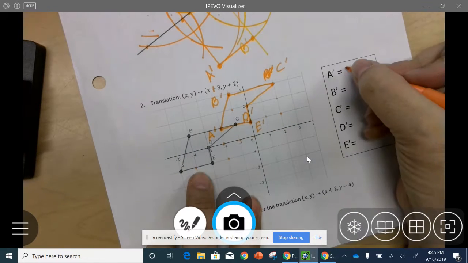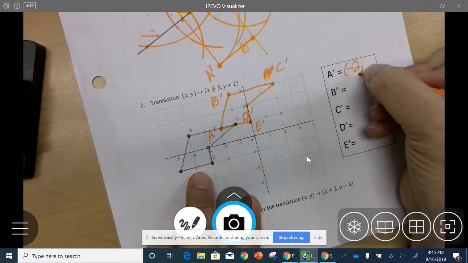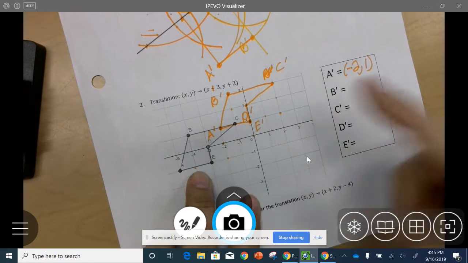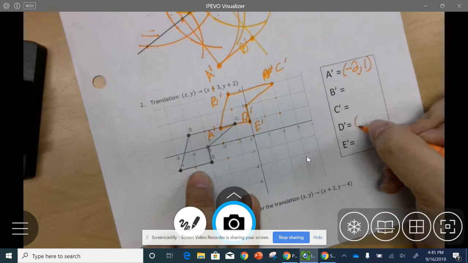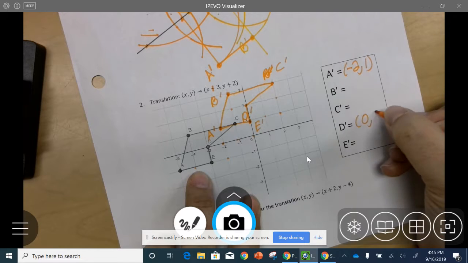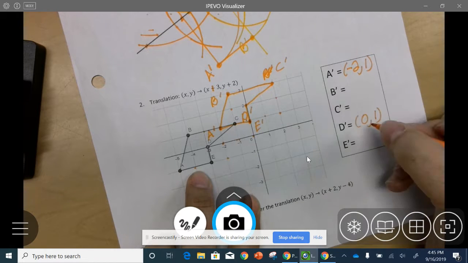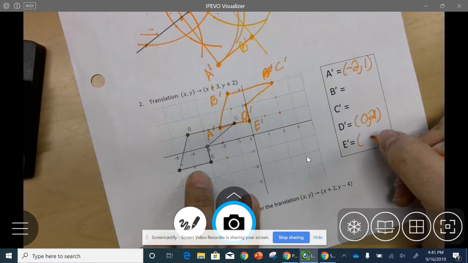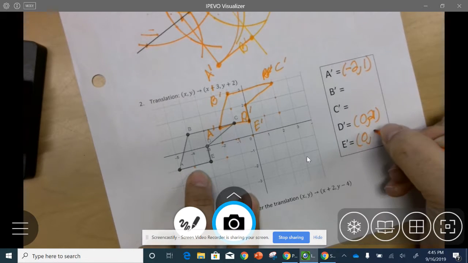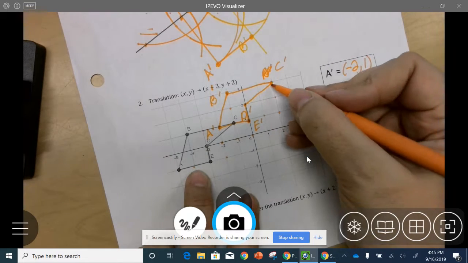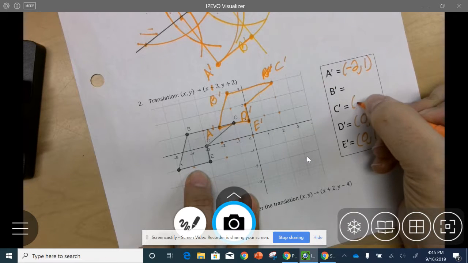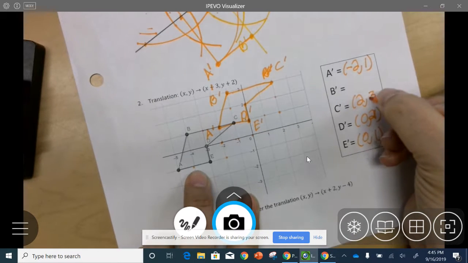So it's going to be here at -2, 1. D prime is going to be at 0, 1. And actually, let's see. E is going to be at 0, 1. C is going to be at 2, 3.